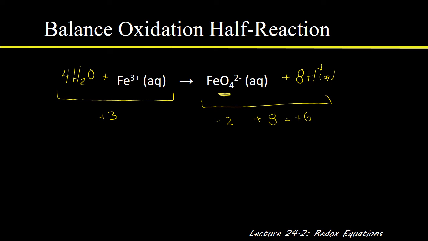So if we want to get the same charge on both sides, we're going to have to add 3 electrons to the right-hand side. If we do that, now the total on the right-hand side is +3, and the total on the left-hand side is +3. Okay. All right, let's do the same with our reduction reaction.